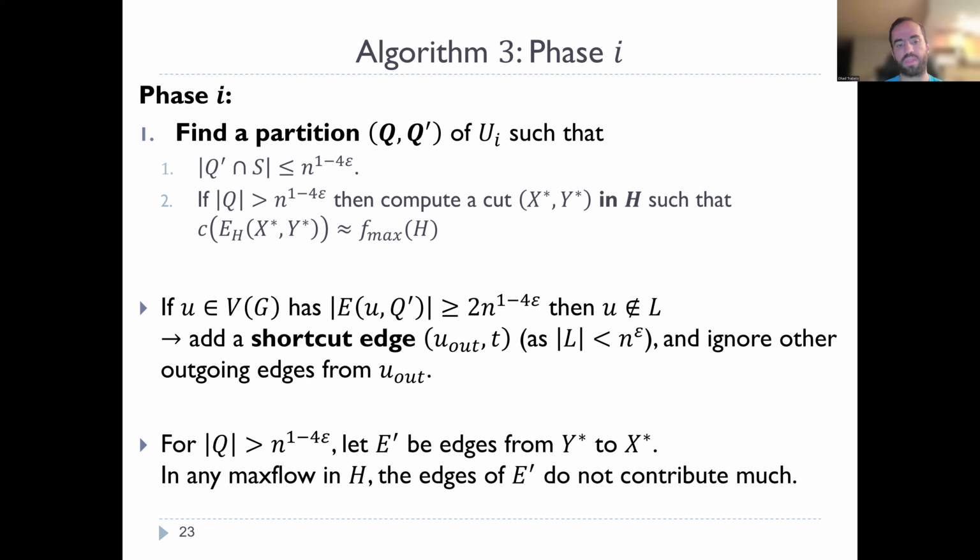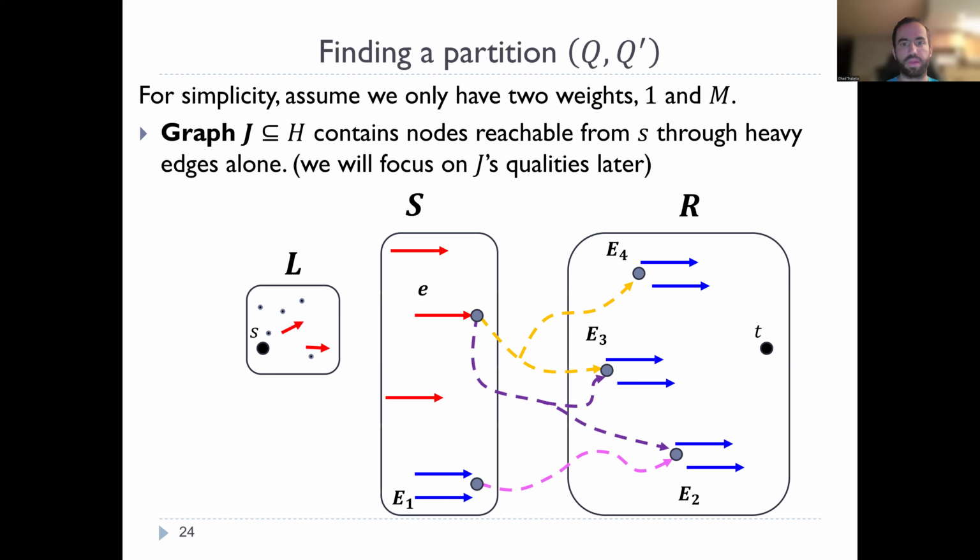The reason is that for every one such edge that goes back from Y star to X star, there are 2 edges in the other direction from X star to Y star. So we can just remove all of those edges that go from Y star to X star without changing much the value of the global cut. Okay, so these two will allow us to sparsify the graph significantly.